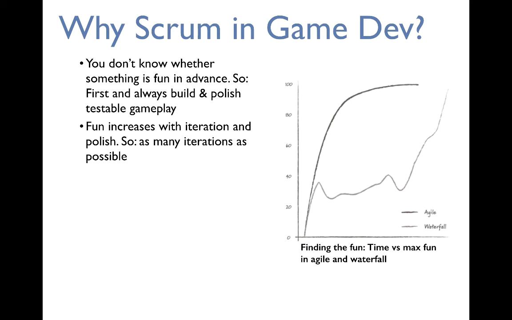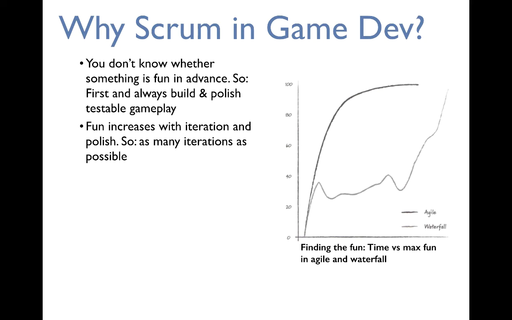Because we know fun increases with every iteration and polish. So Scrum, with its increments, allows you to add as many iterations and circles of playtesting and iteration as possible to your project. That leads to the fact, if you look to the right, which is an idealized curve, that in Scrum, in a very short period of time, here that's the agile curve, you get to the maximum possible fun in your game very early on.